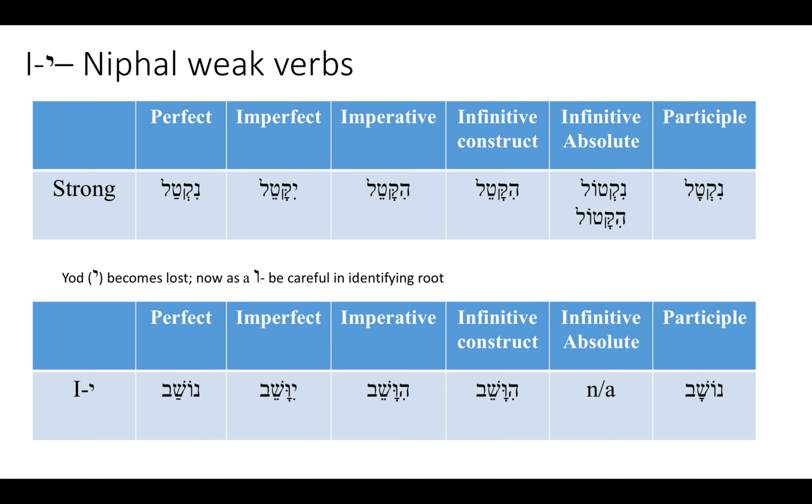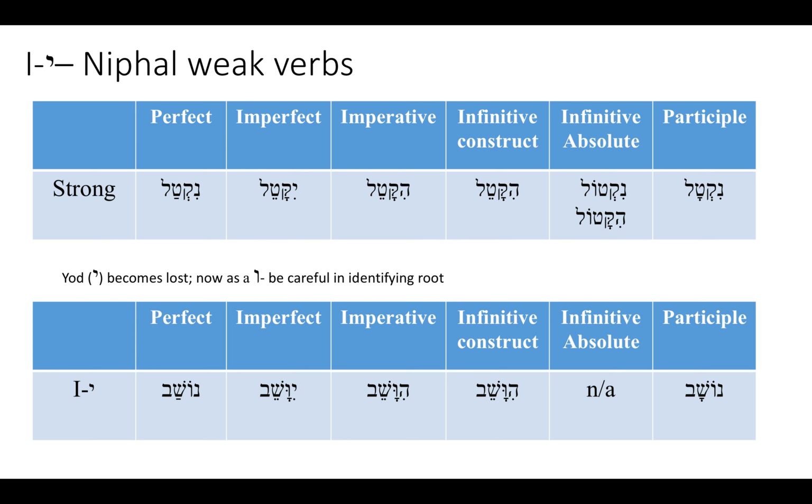In the imperfect form, the strong form yikatel in the first yod form is yivvashev, so nothing changes in that form, and nothing changes in the imperative or infinitive construct. There are no occurrences of the infinitive absolute in these first yod forms, so that can be omitted here.